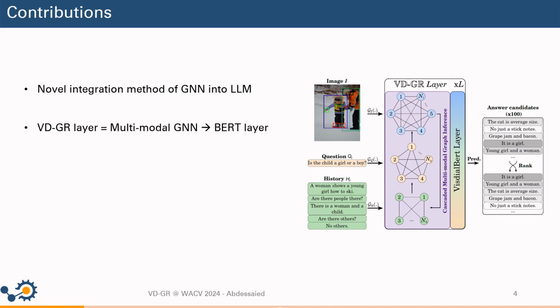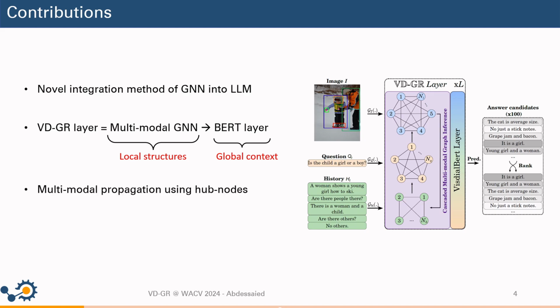The former learn fine-grained local structures within modalities, and the latter focus on global context across modalities. To mitigate the lack of global context within GNNs, we propose to propagate information between modalities using hub nodes. Finally, we use the GNN features to enhance the hidden states of the subsequent BERT layer.